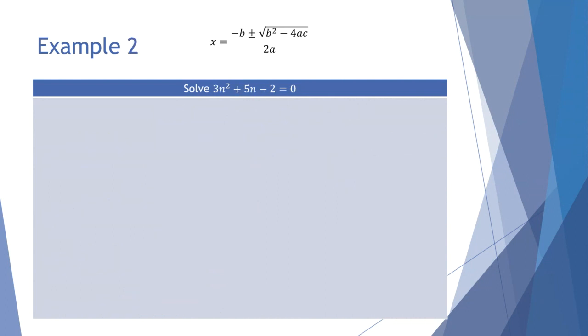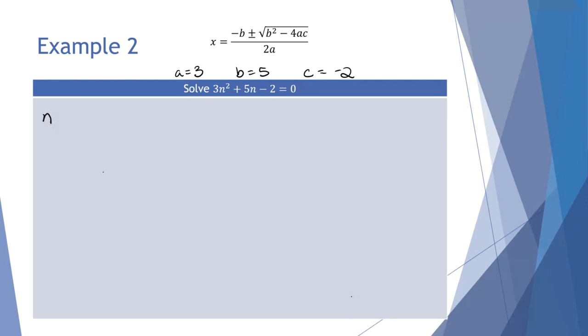Okay, here's a second example. This time our variable is n, and so we have a equals 3, b equals 5, and c equals negative 2. So I'm going to just put those on the top so that I have more room in my box to do the quadratic formula.